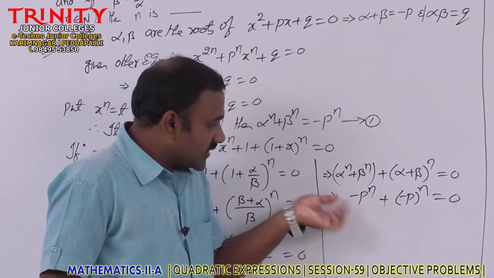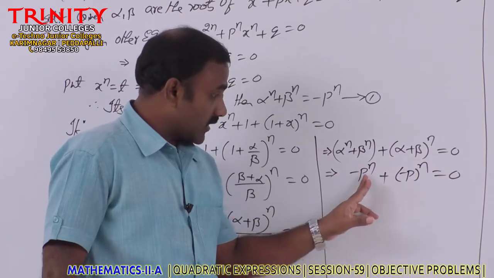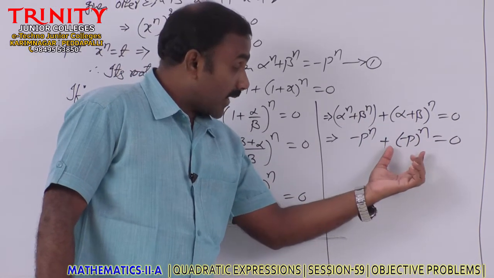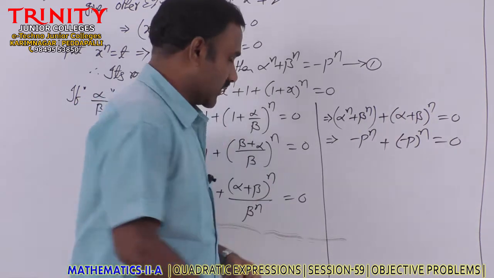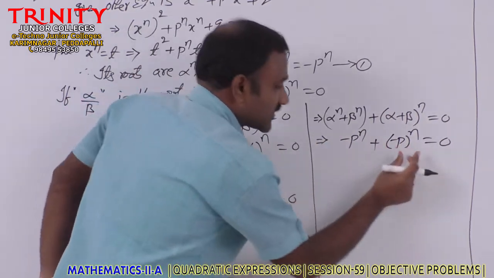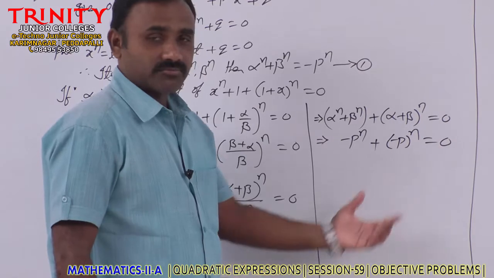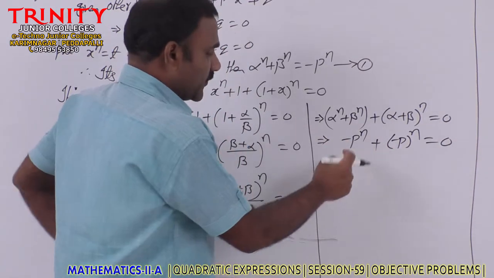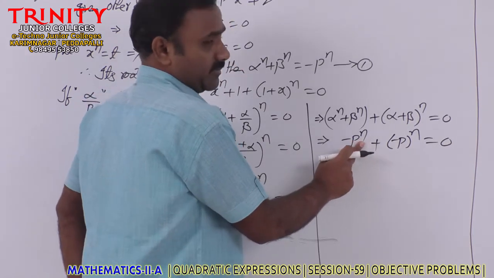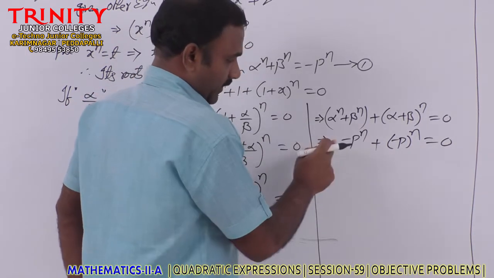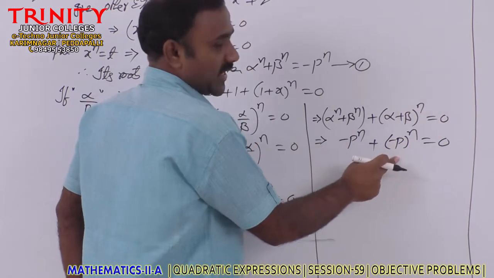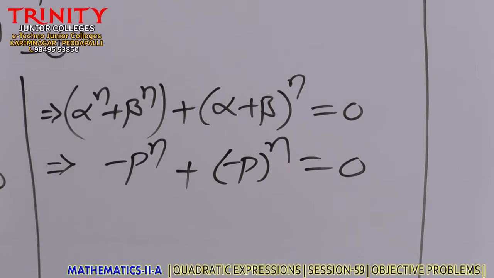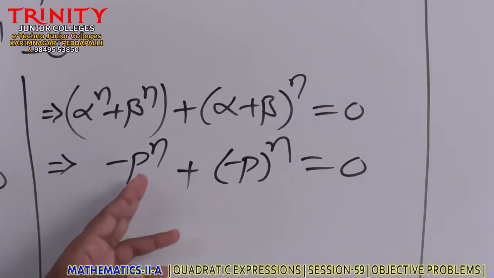This is minus p^n, and this is (minus p)^n. This one is always negative, but this one is sometimes positive, sometimes negative. Therefore, we have to check when this sum becomes 0. Suppose n is equal to 1: then it is minus p, and this is also minus p, so it becomes minus 2p, which is not equal to 0.